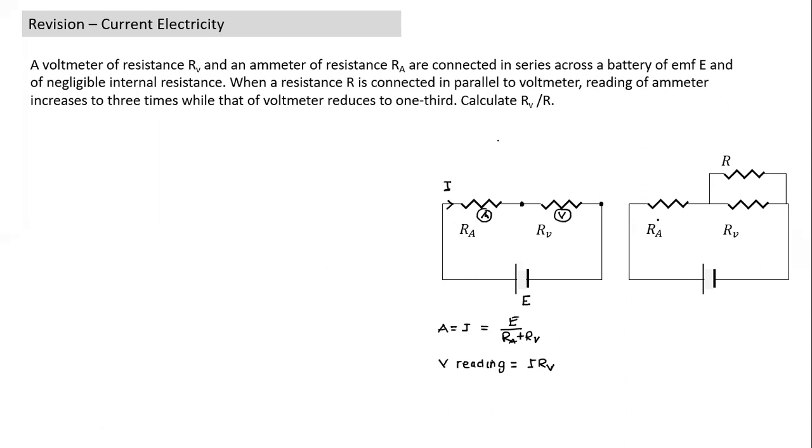Now coming to this case, it says the reading of the ammeter increases to 3 times. First of all, does it make sense why the reading of the ammeter should increase? The moment I connect a resistance in parallel, the overall effective resistance of the circuit decreases. As the resistance decreases, current has to increase. So this current becomes equal to 3I.